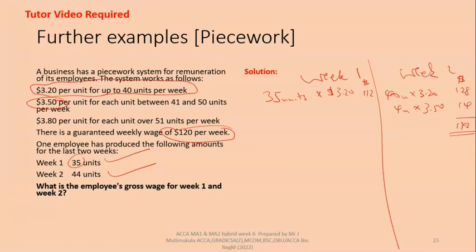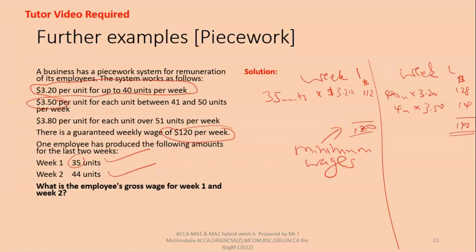Now we are told that there is a guaranteed weekly wage of 120. So in week 1, as the piece rate is less than the guaranteed weekly minimum, the amount to be paid will be the guaranteed amount of 120. This is why I say that this is the minimum wage. If we produce anything that warrants a wage below 120, automatically we pay the employee 120.